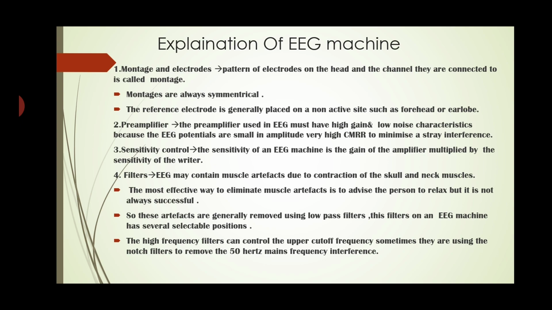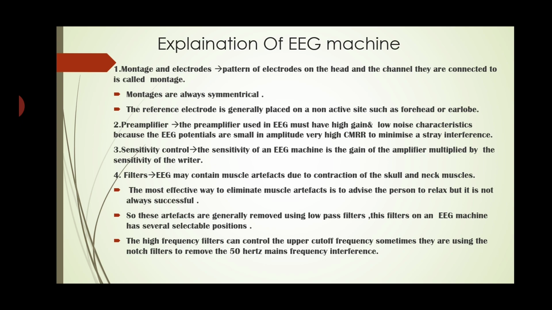Fourth, filters. EEG may contain muscle artifacts due to contraction of the skull or neck muscles. The most effective way to eliminate muscle artifacts is to advise the person to relax, but it is not always successful. So these artifacts are generally removed using a low pass filter.